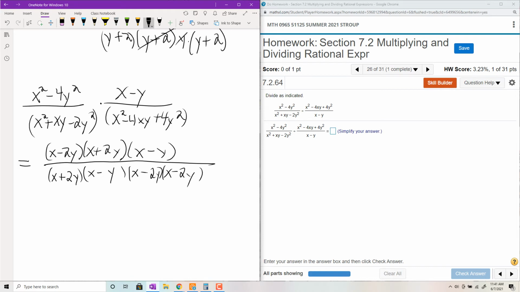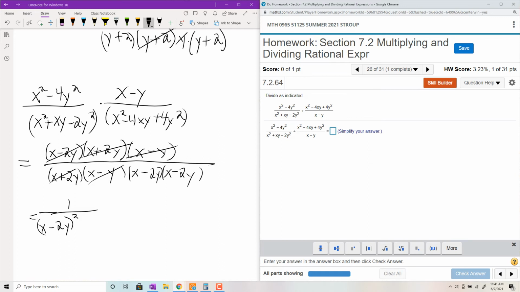Remove common terms. Well, there's a ton of them. And you're just left with 1 all over 2y, x minus 2y times x minus 2y, or x minus 2y squared, if you'd rather. So 1 divided by x minus 2y squared.